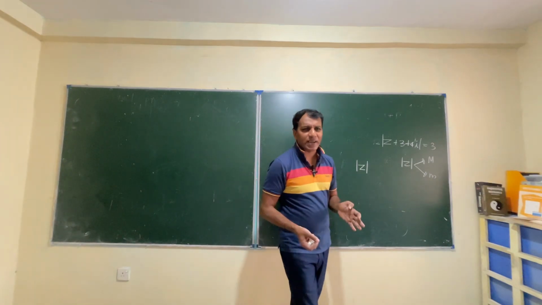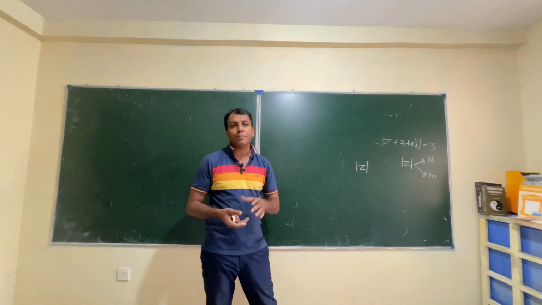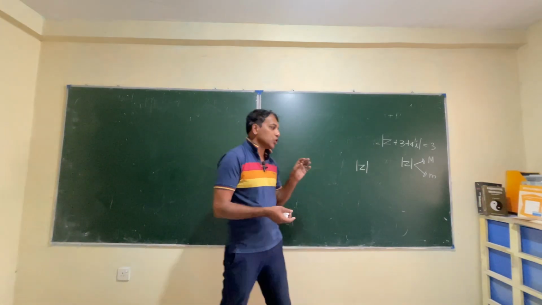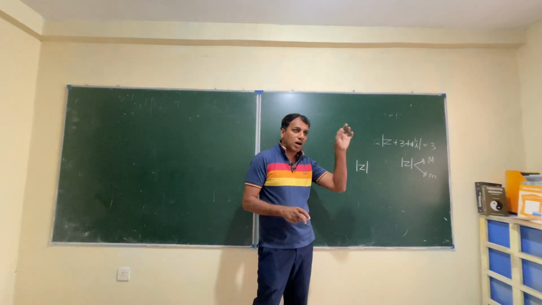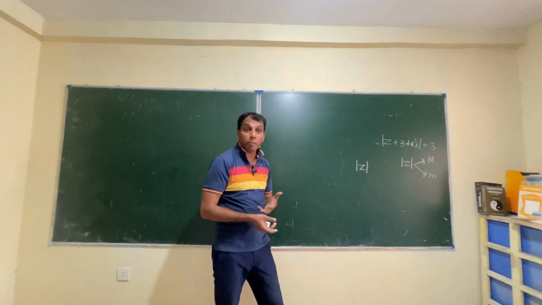Before that, what is an Argand diagram? In simplicity, that is like a coordinate plane with coordinate axes x and y, where we show the complex number. We are marking x, y coordinates, which we can rearrange to complex form.